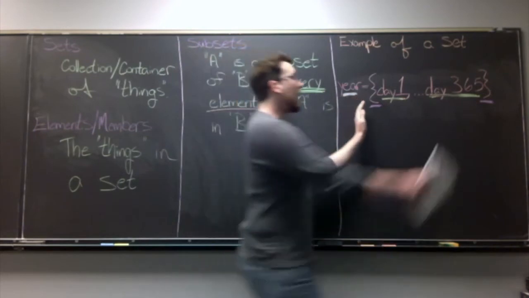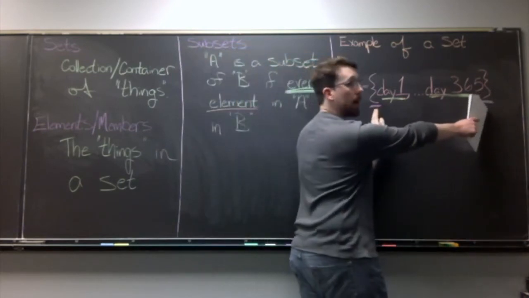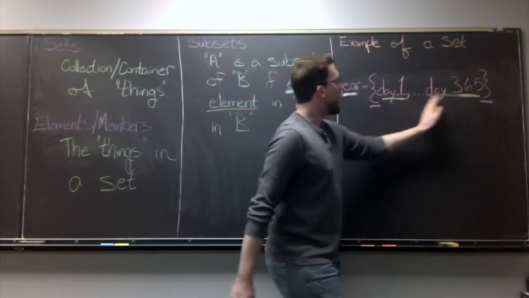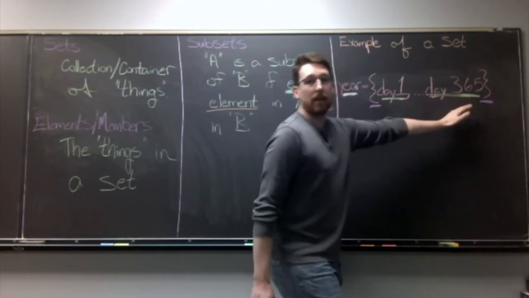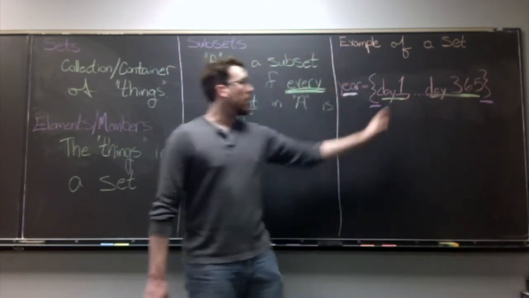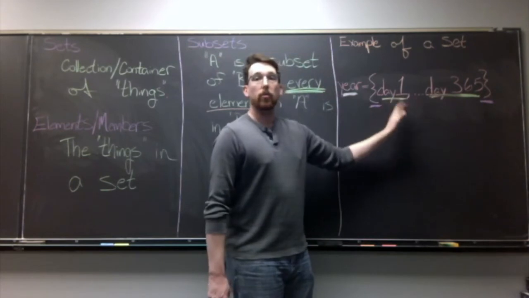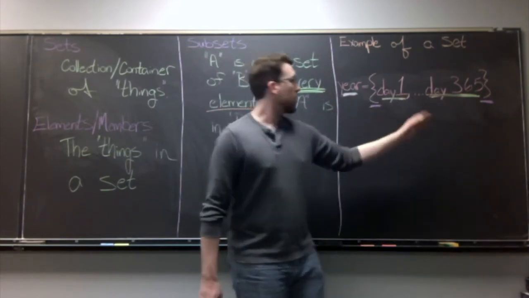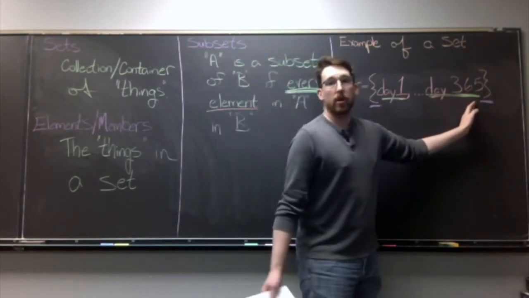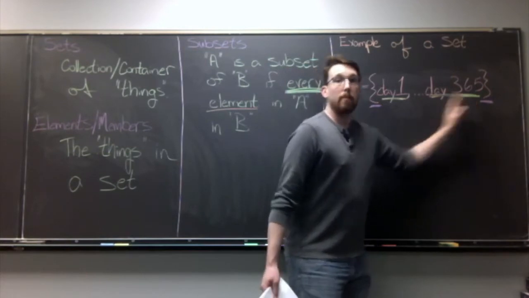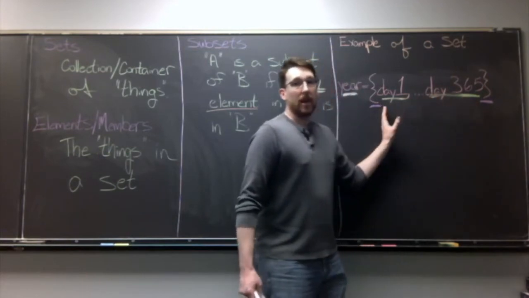The set is actually everything in between the curly brackets, and each day is an element of the set. So day 1 is an element, day 2, day 3, and so forth, all the way through day 365. But together, they make up the set.